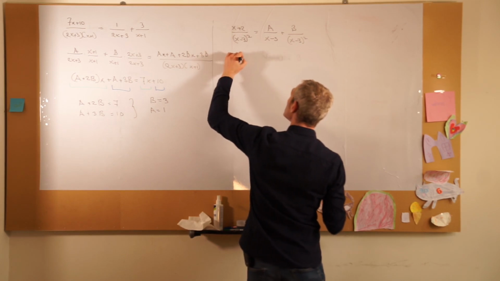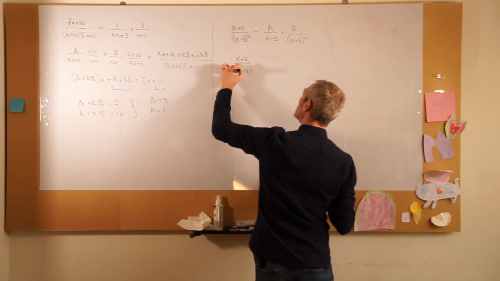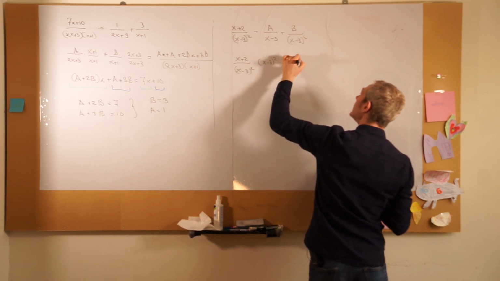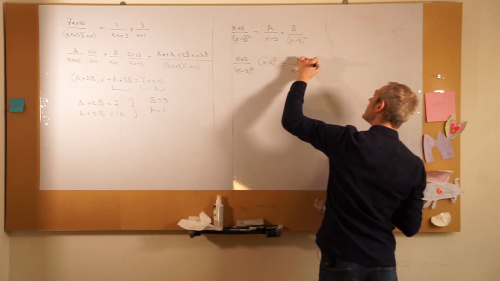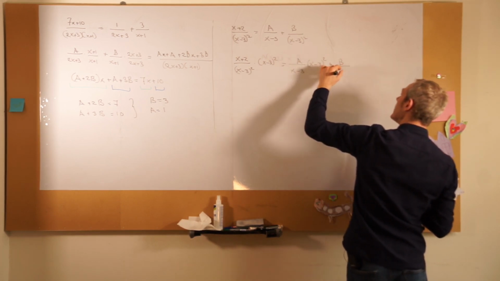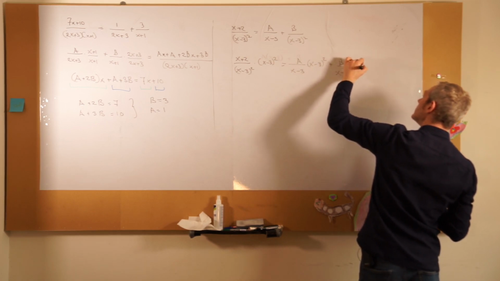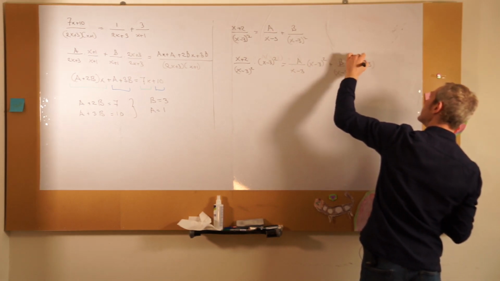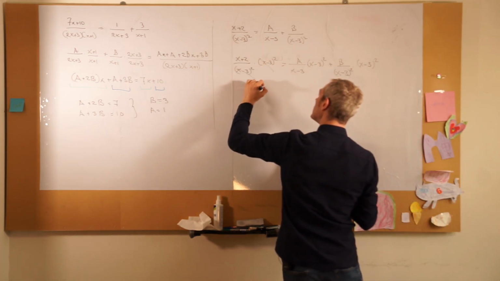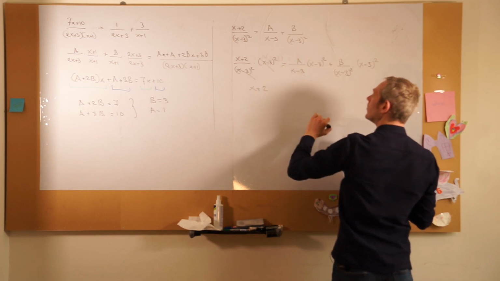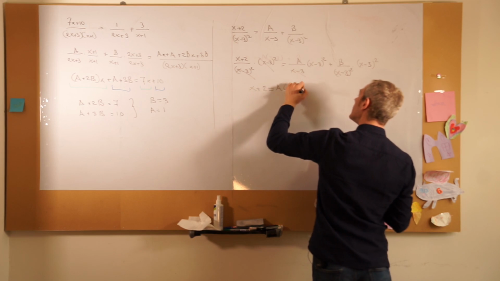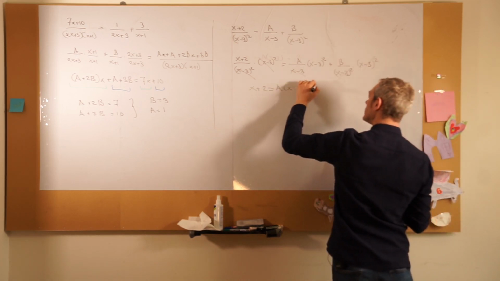So we do (x + 2) over (x - 3) squared times (x - 3) squared is equal to a over (x - 3) times (x - 3) squared plus b over (x - 3) squared times (x - 3) squared. And what we're left with is that the denominators cancel out, leaving a times (x - 3), and here these cancel out, plus b.